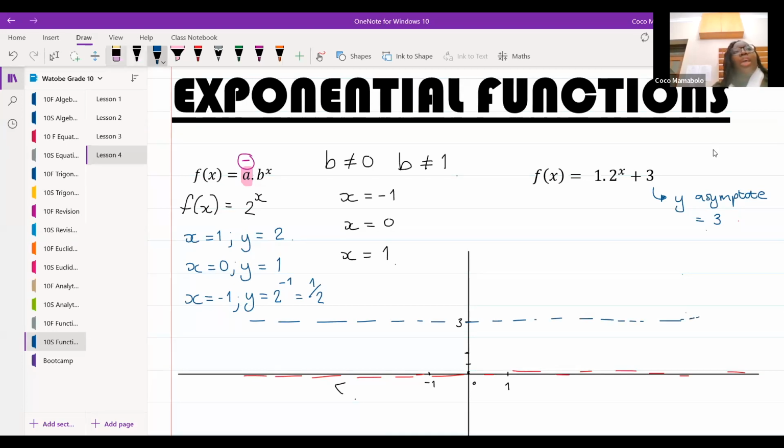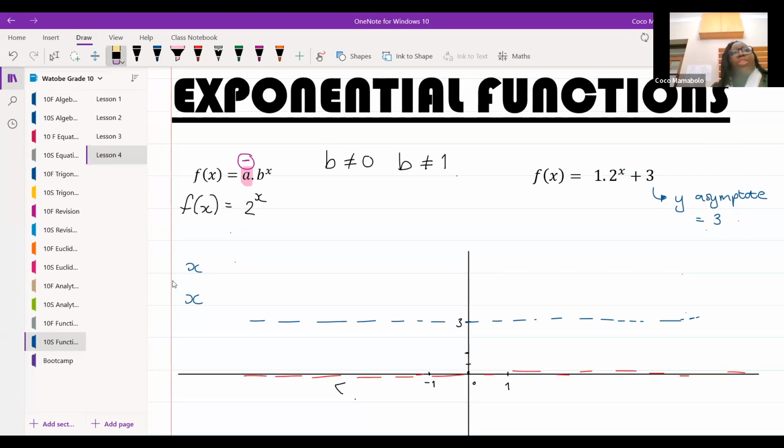There's my y asymptote. And then I'm going to look at only one of these. I don't even need all 3. I can look at 2 of them. Let's look at 2 of them. We're going to look at if x is equal to 0, give me my y value, guys. If x is equal to 0, y is equal to what? Ooh, not 3.